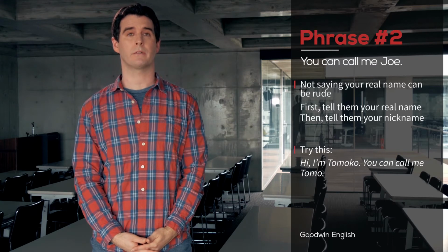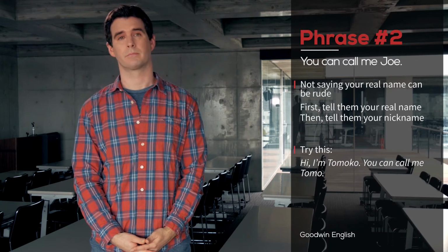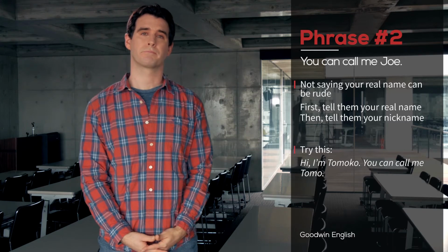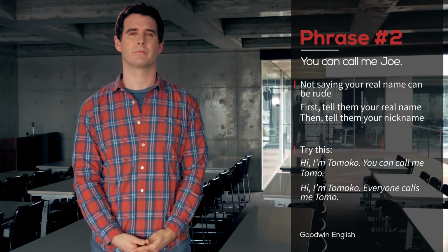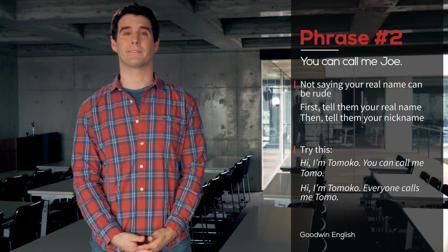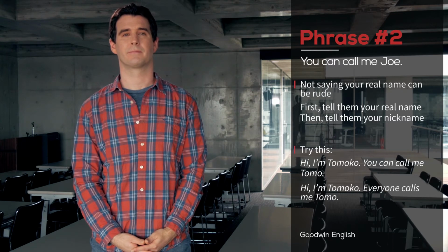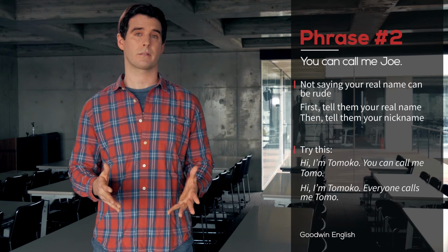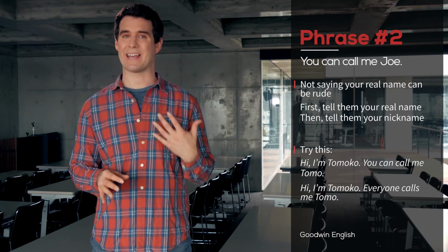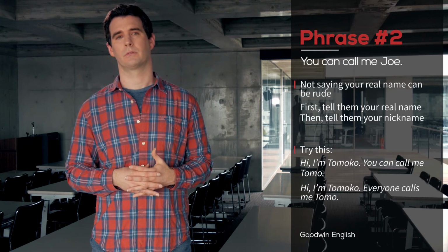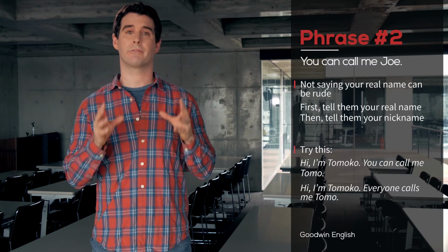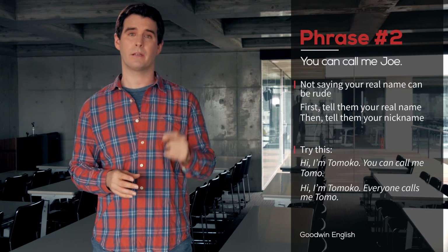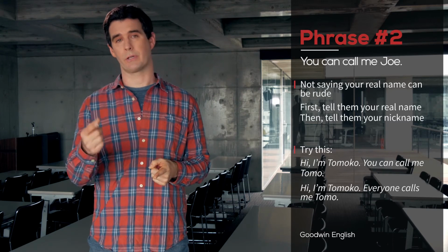You can call me Tomo." Or, "Hi, I'm Tomoko. Everyone calls me Tomo." These phrases are much more natural. Remember, tell someone your name first. Then you can tell them your nickname.